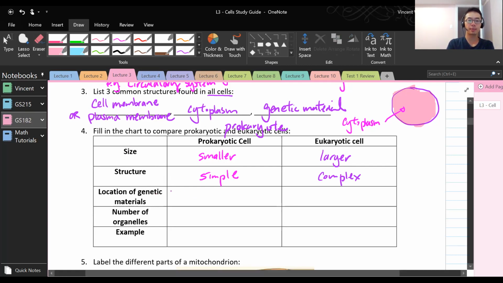Location of genetic material. In prokaryotes, it's just hanging around in some central area inside the cell. They are not compartmentalized.